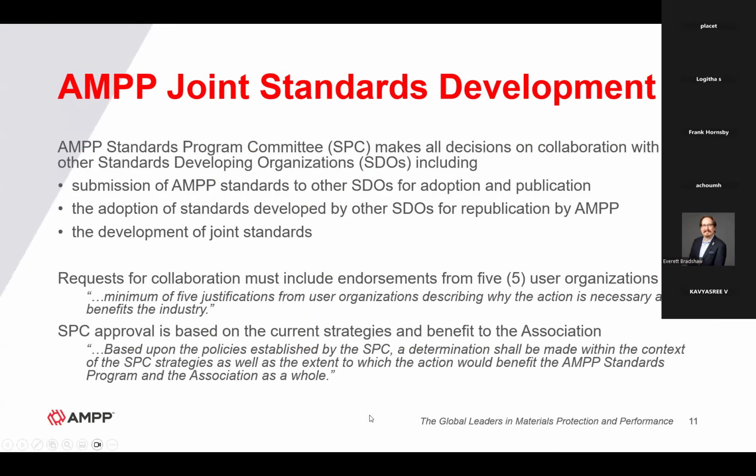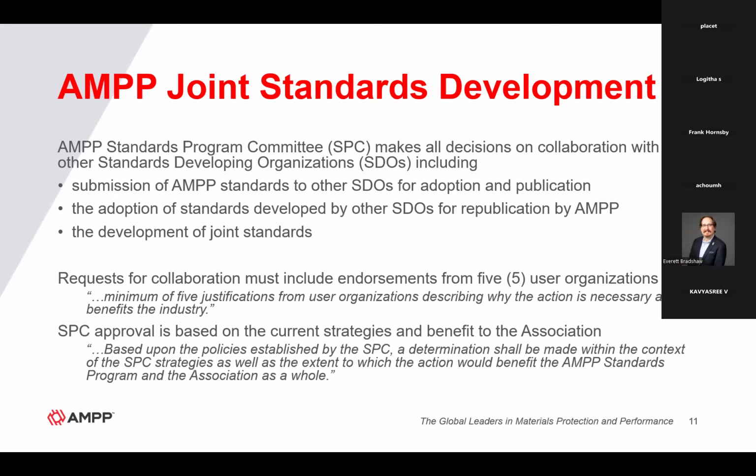So in order to create a joint document in AMP's program, the process moves exactly the same as an internal AMP document, with the exception of an upfront approval by the Standards Program Committee. So the Standards Program Committee makes those upfront approvals of joint projects.